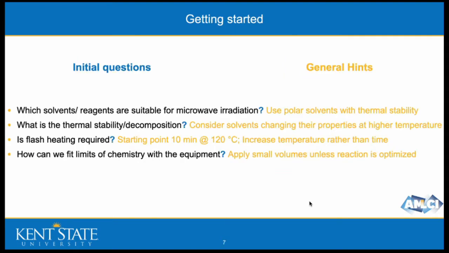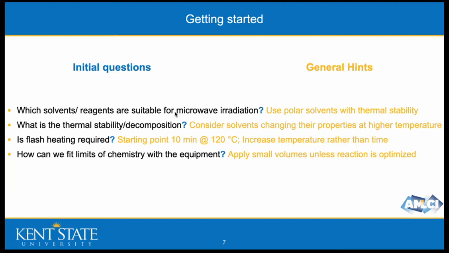So getting started, you may have some initial questions. For example, which solvents or reagents are suitable for microwave irradiation? Usually the rule of thumb is to use polar solvents with thermal stability, so solvents that do not decompose at high temperatures.